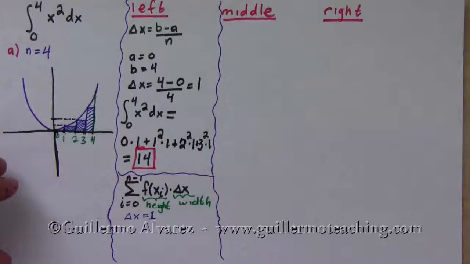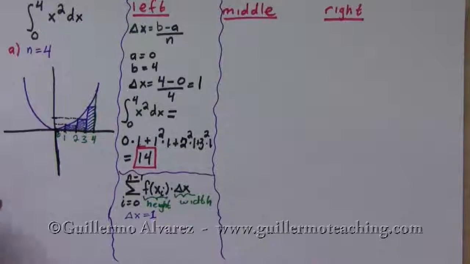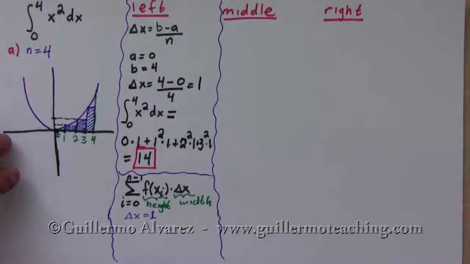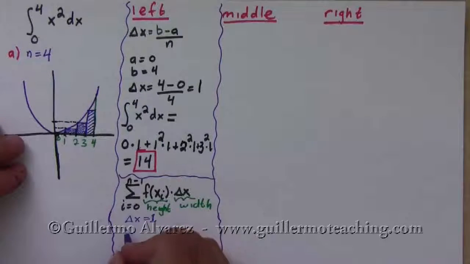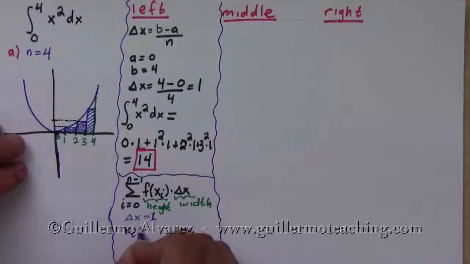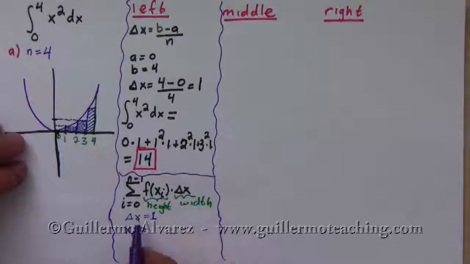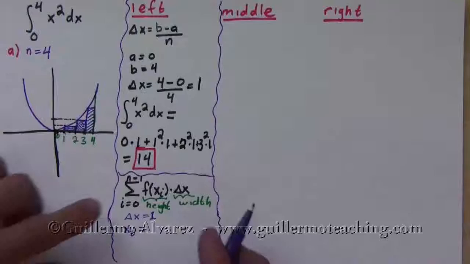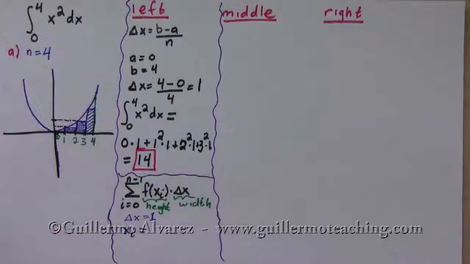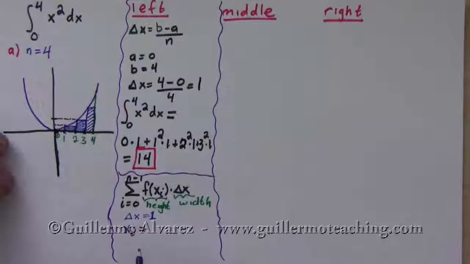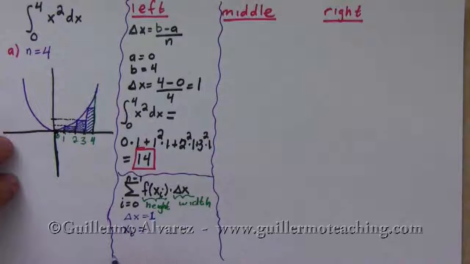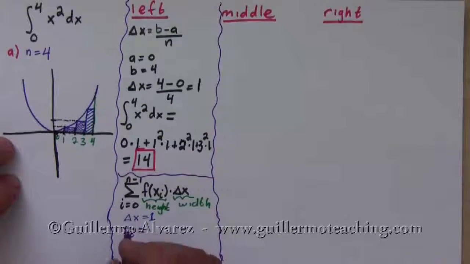But what we need to figure out is an expression for x sub i in terms of this i here. And I know this is kind of weird right now because you're not really that familiar with the notation, but let's try to work through this.